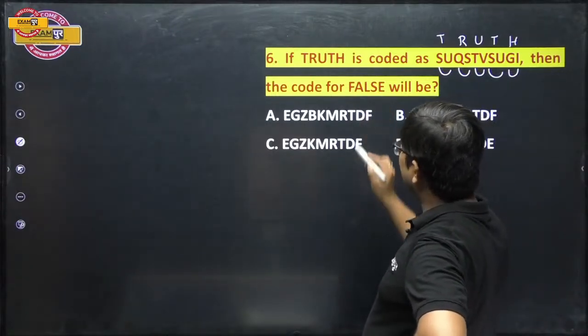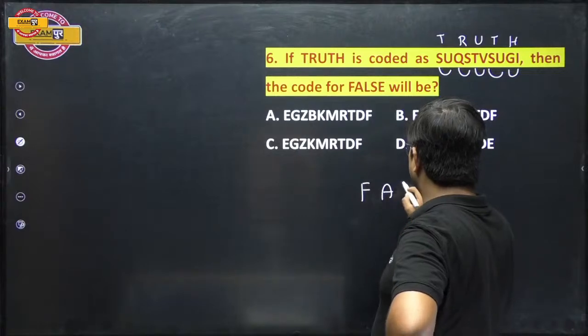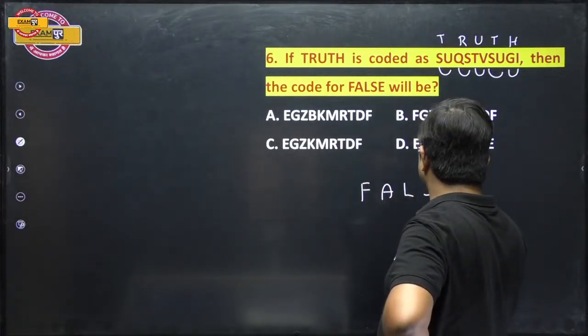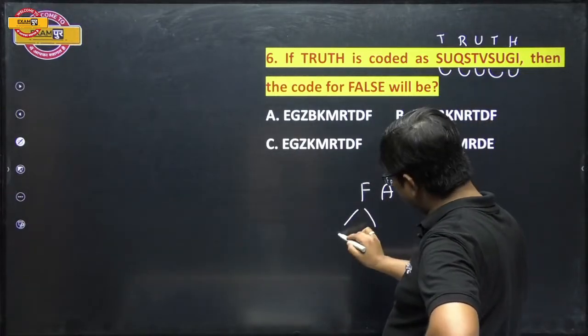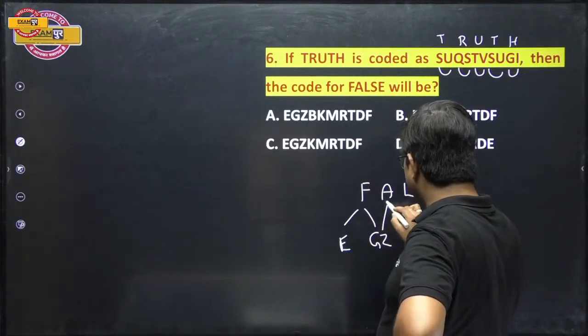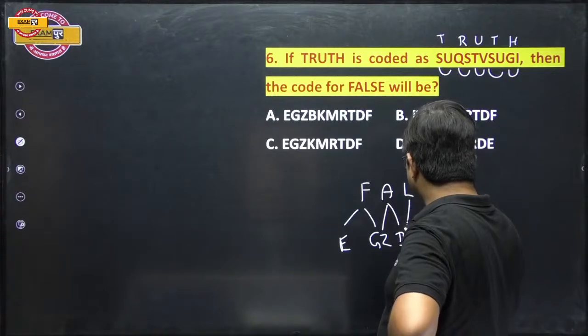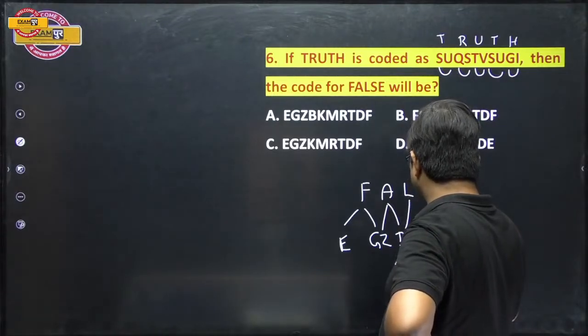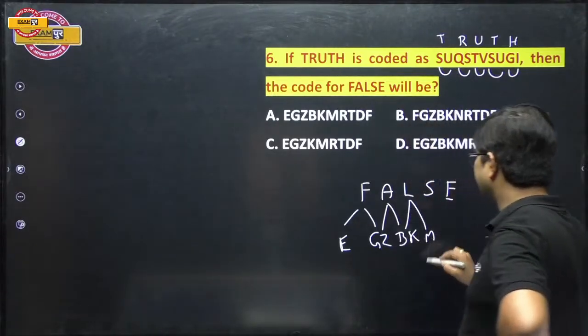So now if I talk about the false word, just before E is F, just after F is G. Just before A is Z, just after A is B. Just before L is K, and just after L is M. Okay.